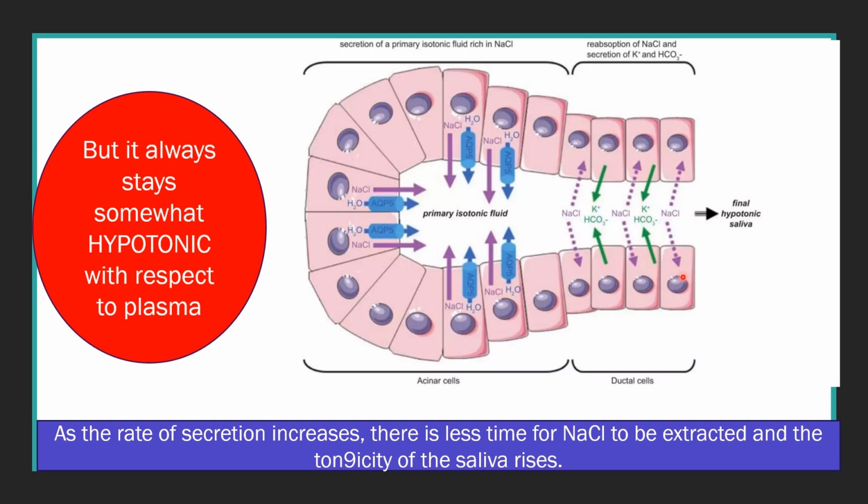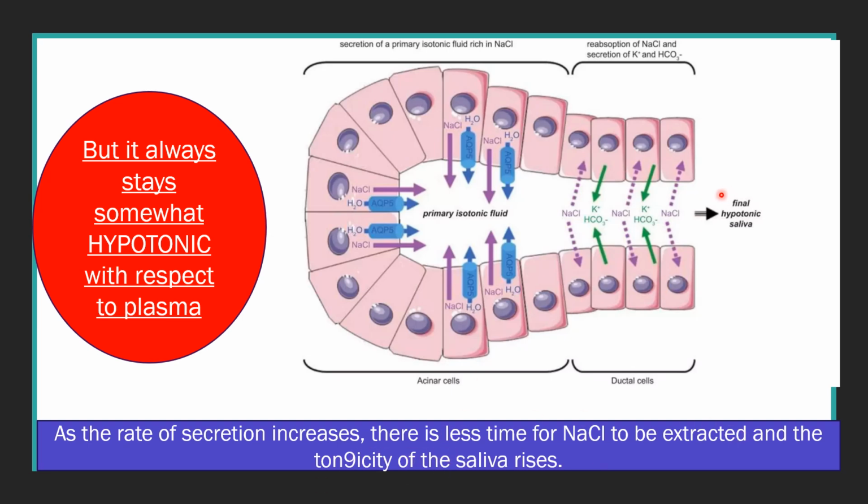As a result, the hypotonicity will be reduced, so the tonicity of the saliva will be raised. As the rate of secretion increases, there is less time for sodium chloride to be extracted and the tonicity of the saliva will be raised.